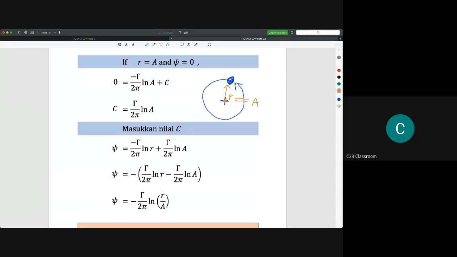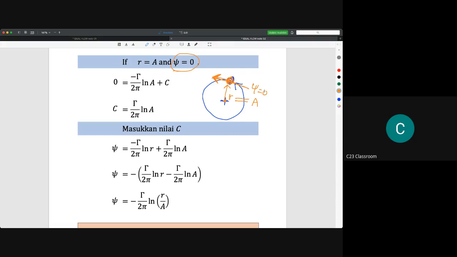And then normally we could imagine the value of psi here. We will learn about how to determine the value of psi, but it is okay at this moment. You just assume that the value of psi is equal to 0.